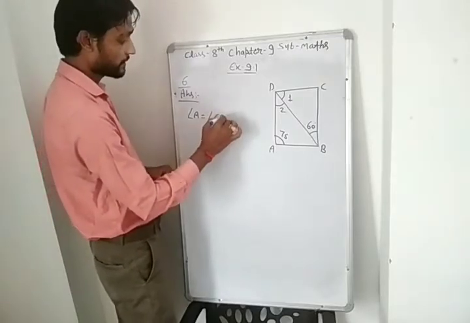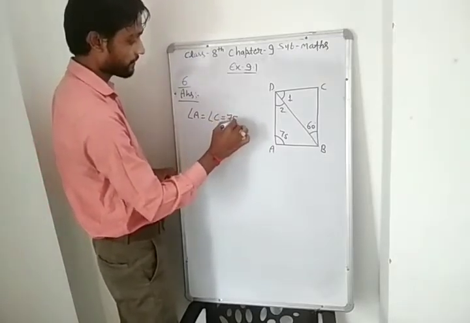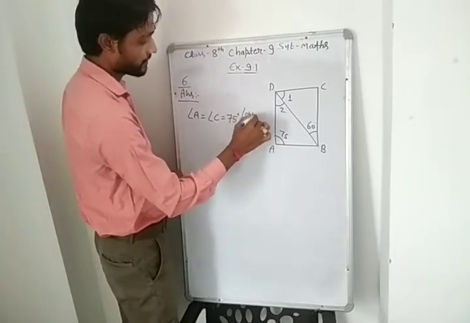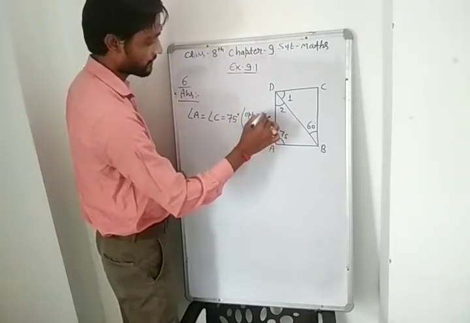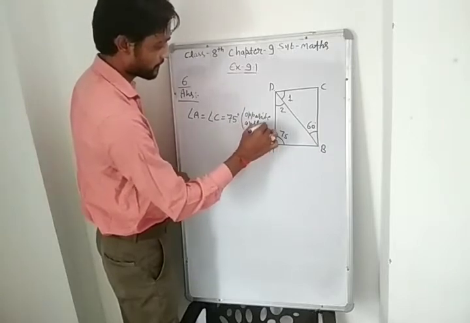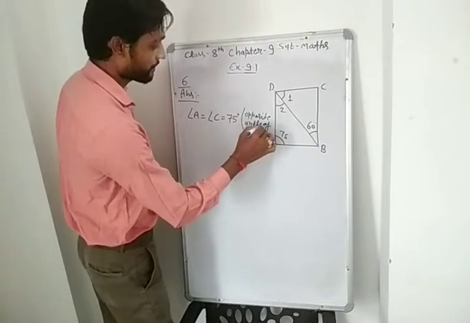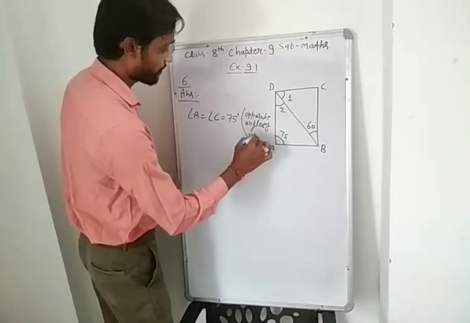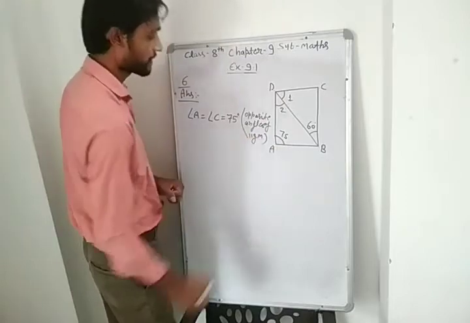That is 75 degrees. Why? Opposite angles of a parallelogram. Clear?